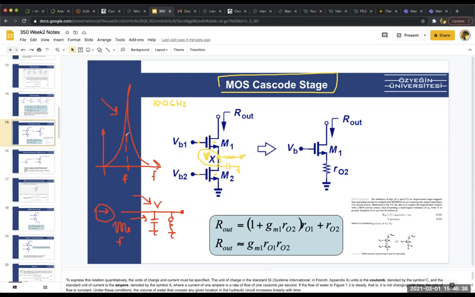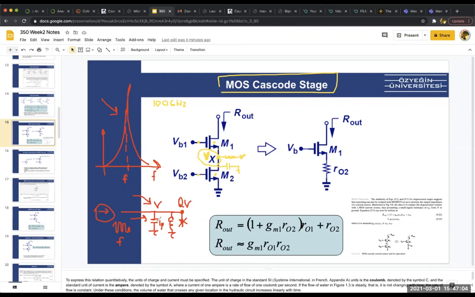So your output will be huge. Even if this is a very small cap, let's say 1 micro or 1 nano, your output will be Q times V, quality factor times V. And because there is no resistance here, I assume this is infinite. There is no resistance. The Q will be quite big.